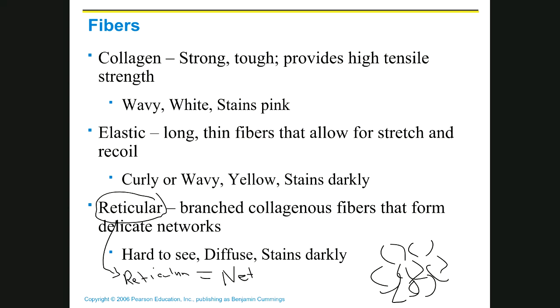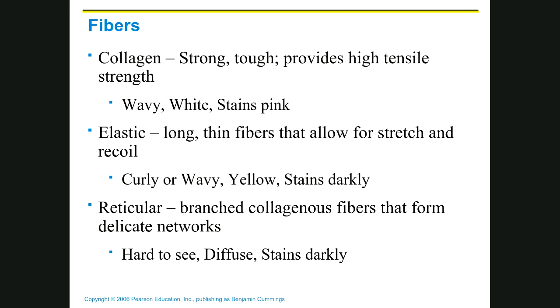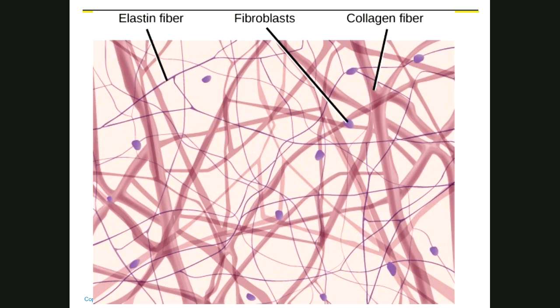And that's exactly the way these fibers are. They're very hard to see, very thin and diffuse fibers, but they also stain darkly. So in this picture, there are these that are hard to see. These right here. And they form, like I said, like a net in here. So those are the three types of fibers.